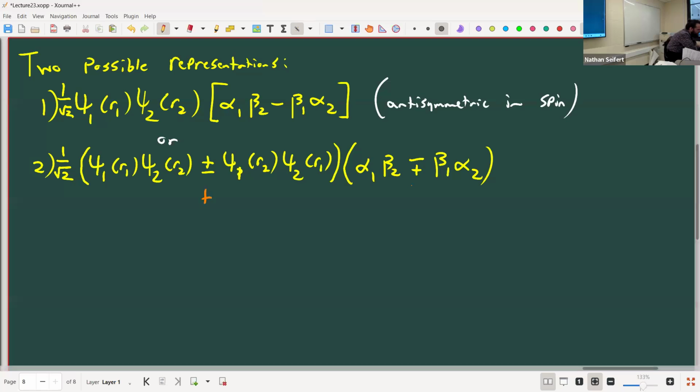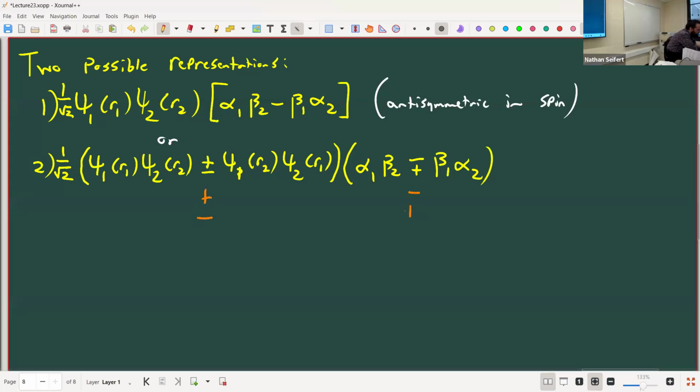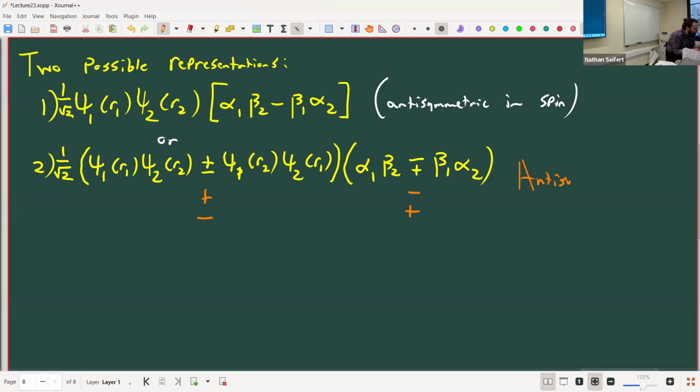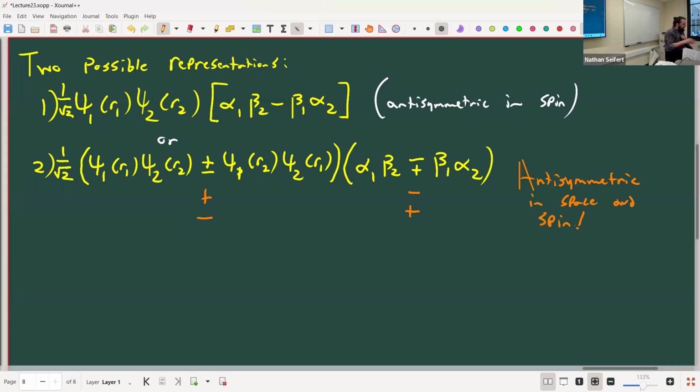So if this is a plus combination, this is a minus one. If this is a minus combination, this is a plus combination. And these are antisymmetric in space and spin. So this is the fully antisymmetrized product. We have superpositions of the electron in one arrangement and the electron in the exchanged arrangement, and we multiply it by a combination of the spins being exchanged as well.